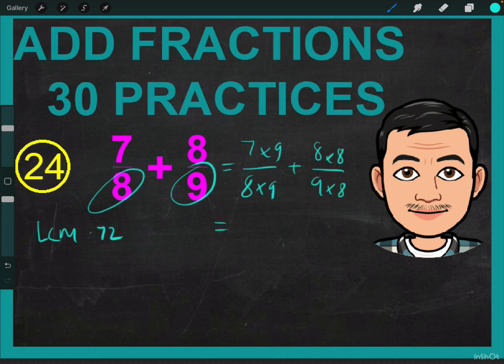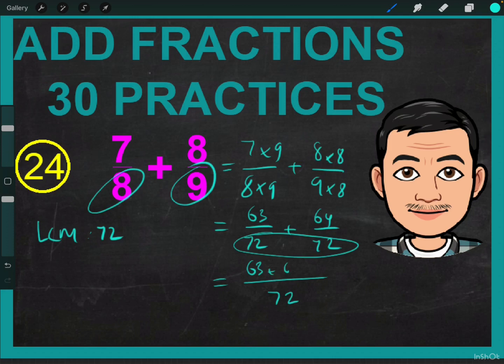So we got 63 over 72 add 64 over 72. Now the two fractions have the same denominator, so we will write it as the denominator for the answer, and then we add 63 and 64 for the numerator, and we get 127 over 72 is the answer.